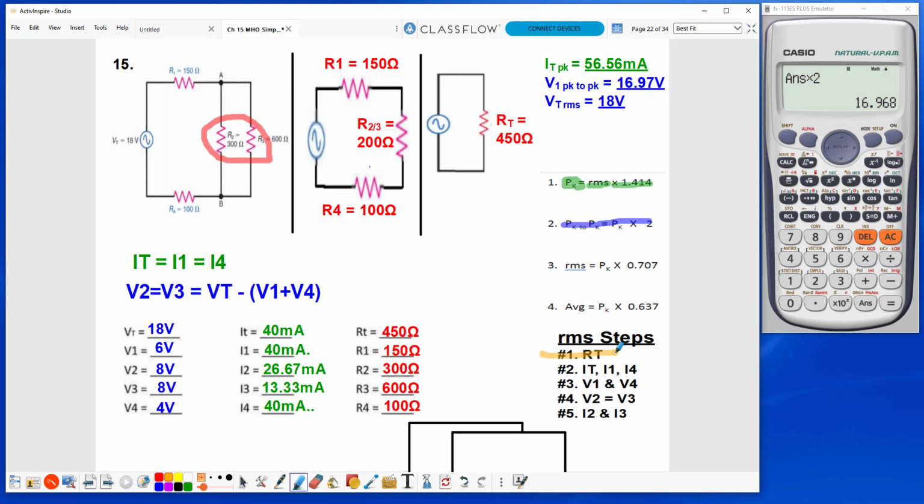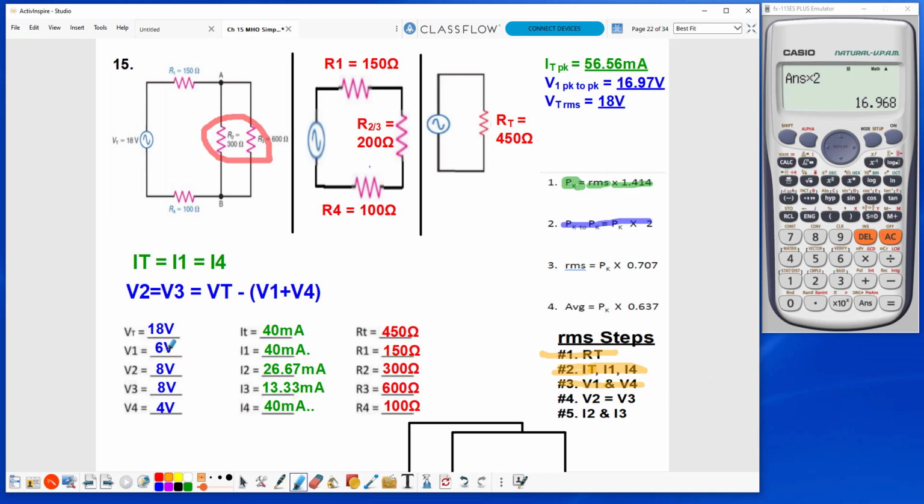Here are the steps that I took to solve the problem. First, I found RT. Then I calculated IT, and I understood that I1 and I4 were on the main branch, so they were all the same value. Once I had I1 and I4, I could find V1 and V4 by multiplying I1 times R1, that gave me V1, and I4 times R4 gave me V4.